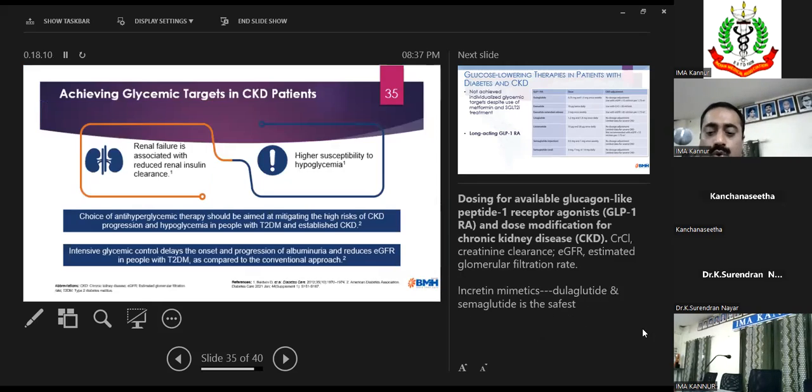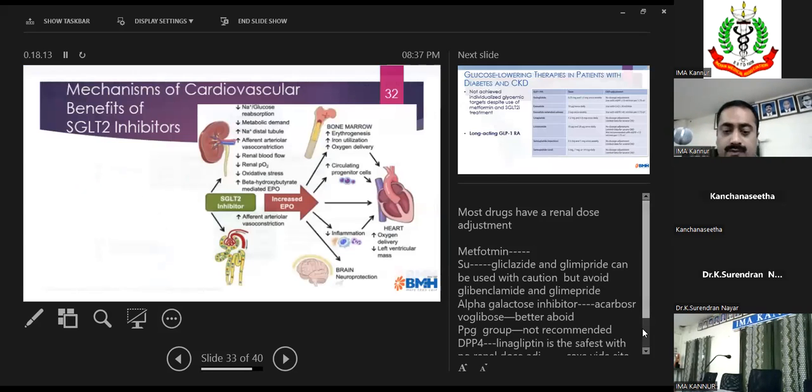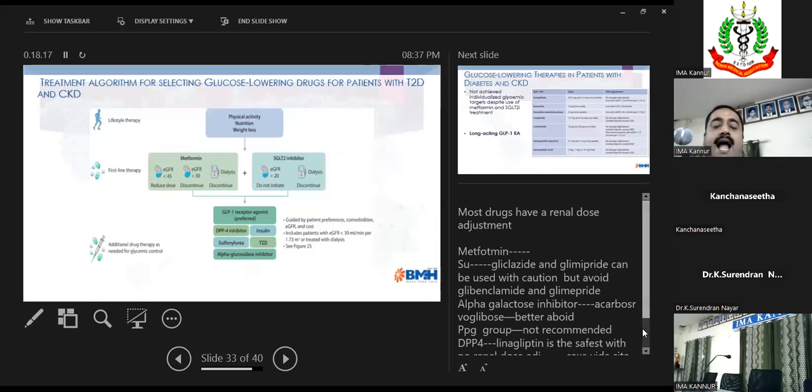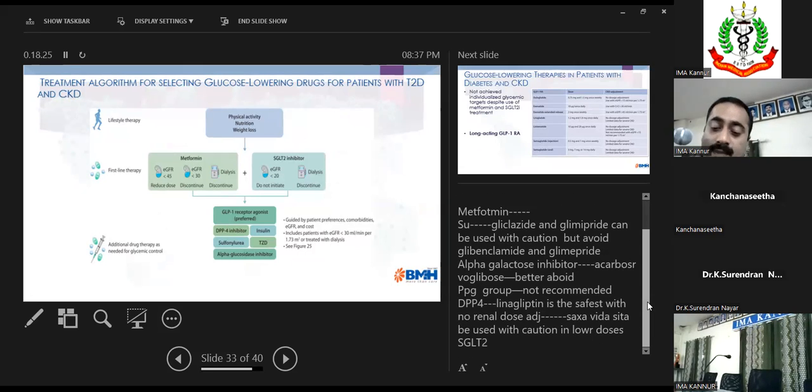The PPAR group is routinely not recommended because it increases edema and weight gain, and we may not be able to differentiate whether the patient is developing edema because of the renal dysfunction or because of the drug per se.